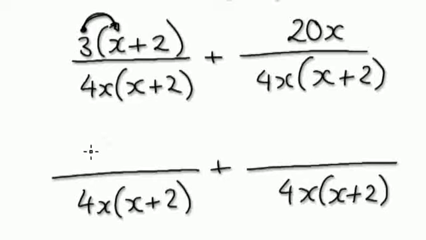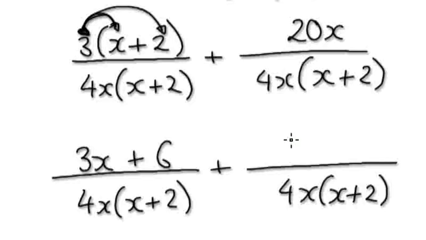Well, now this times this equals 3x, and then this times this, it would be plus 6. Okay, hang on. So now this would be 20x. The reason why we're multiplying this out and not doing it down here is because it simplifies down.